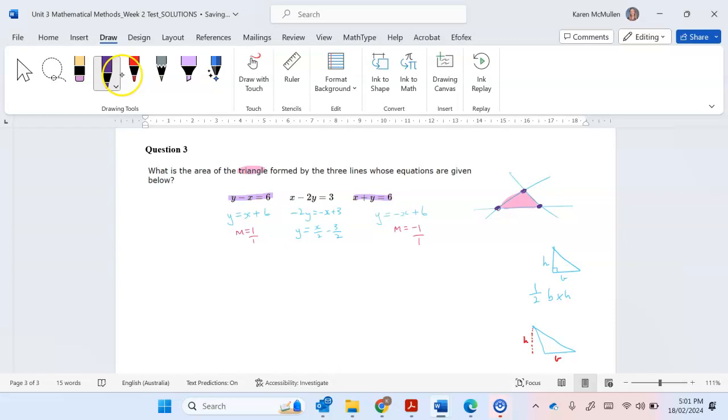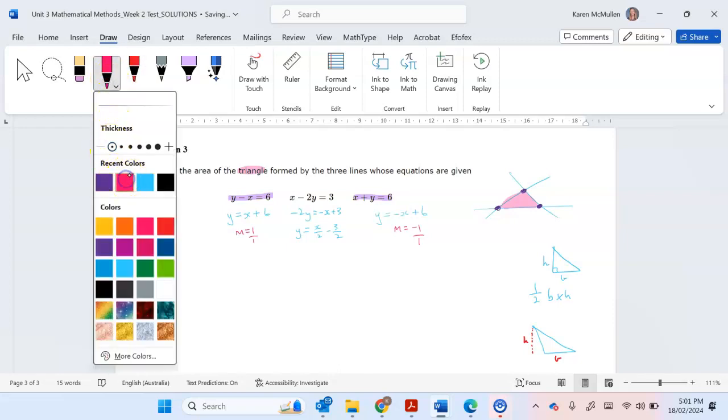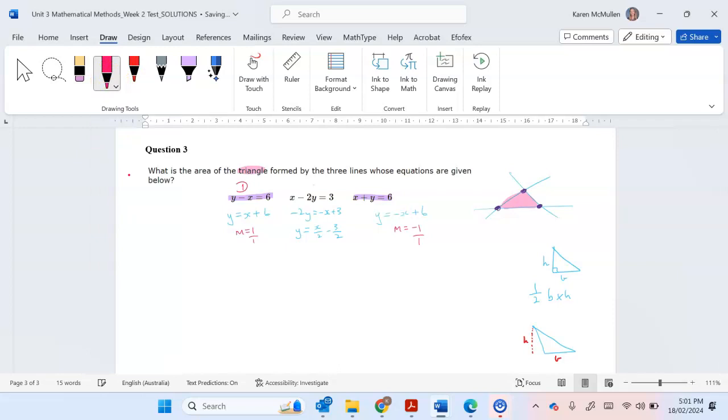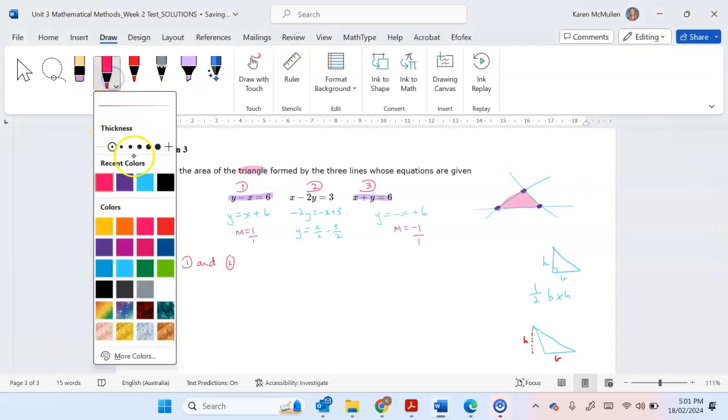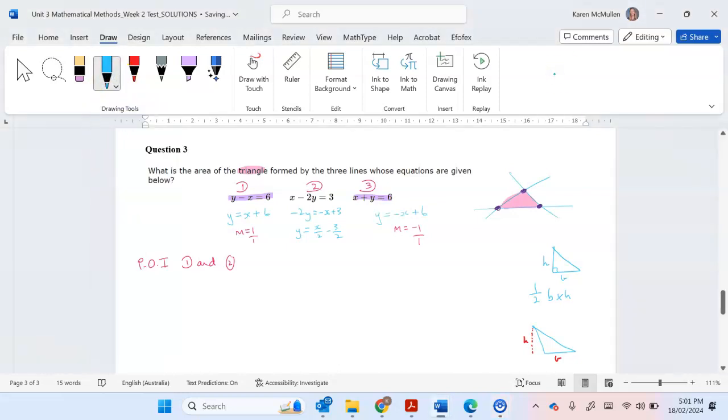So if I call this equation 1, this is equation 2, and this is equation 3, let's find the point of intersection of equation 1 and equation 2. Now I've already rearranged them as y equals, so we don't have to do it again. So there's the first one, just letting the right hand sides equal each other.